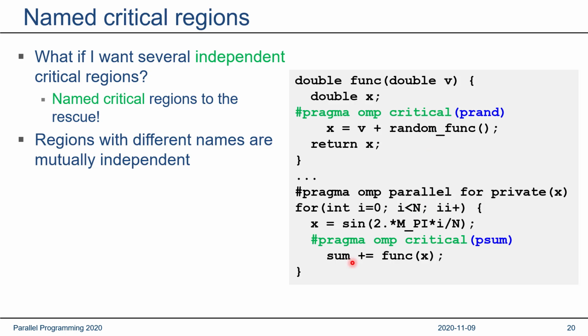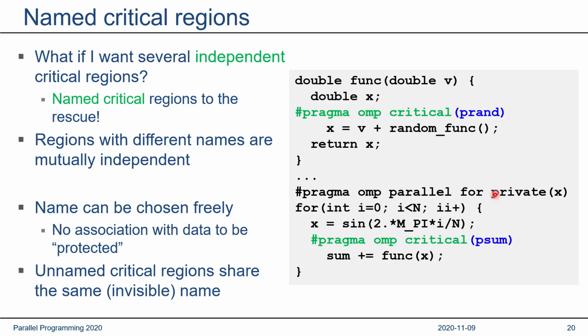Of course, again, this problem can be solved in different ways, but here just for demonstration, we've had this contrived example. So regions with different names are mutually independent, and you can choose any name you like. Anything that goes as an identifier in the base language is allowed as a label.